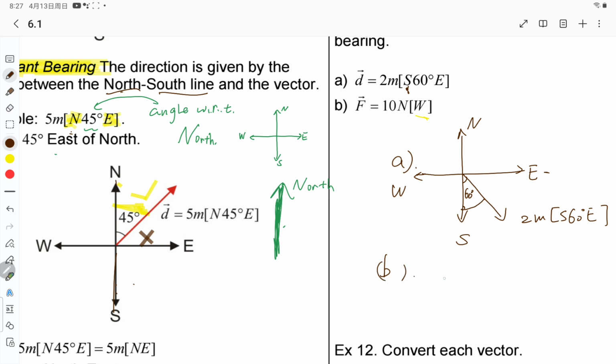And then B, of course, simply gives you the direction west. Okay, direction west, 10 Newton west.